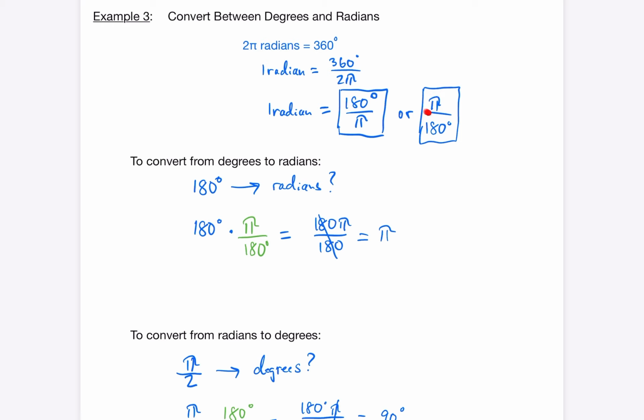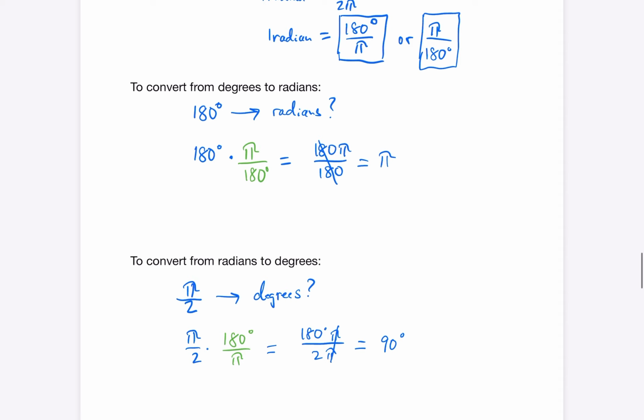And so this ratio has a radian in the numerator and a degree on the bottom, and so we're going to use this ratio because the radian's on top. On the other hand, here we are converting from radians to degrees. The final answer we want is to be degrees. So this ratio is what we're going to use because the degree is in the numerator. Okay, and with a radian in the denominator, it'll end up canceling out this radian measure.